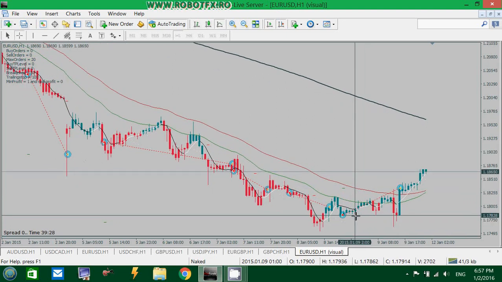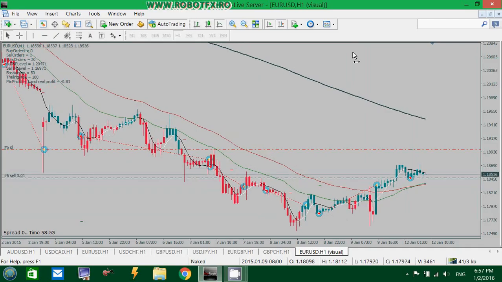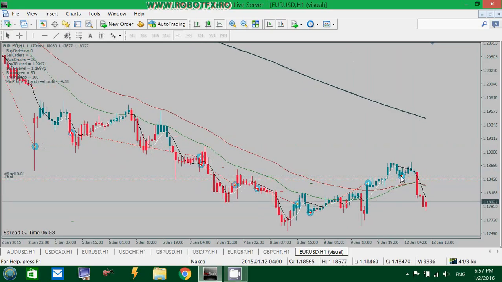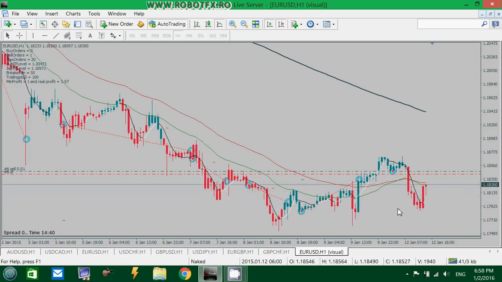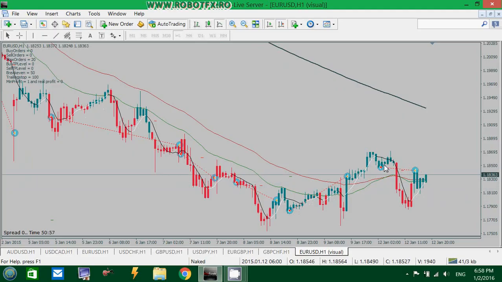The price turned and hit our stop loss. The Expert Advisor opened another sell. We still have a downtrend, or had a downtrend, on the sell signal.